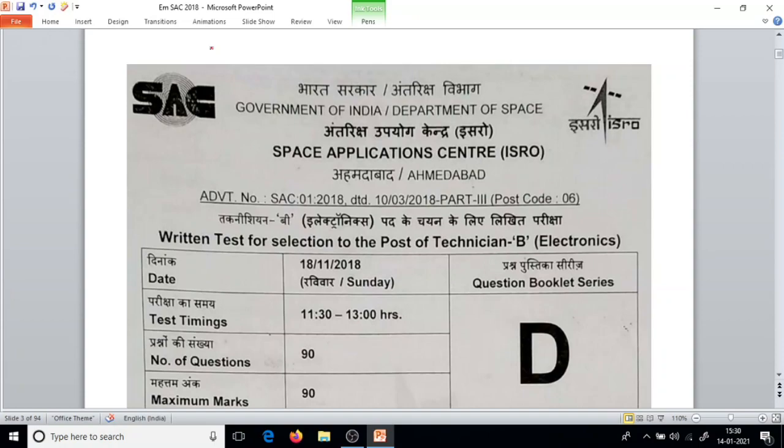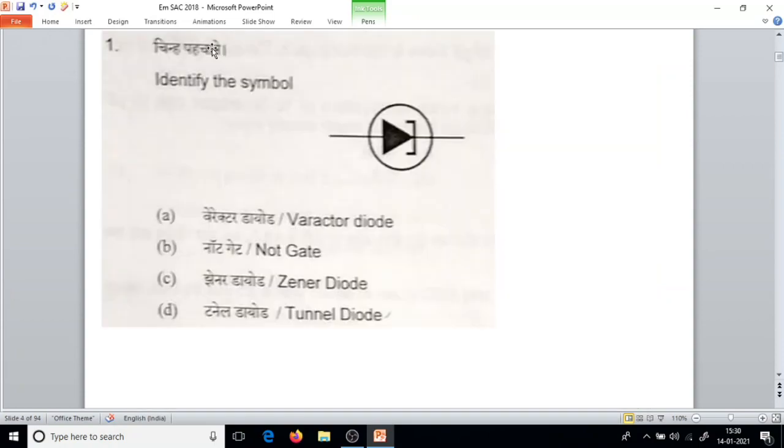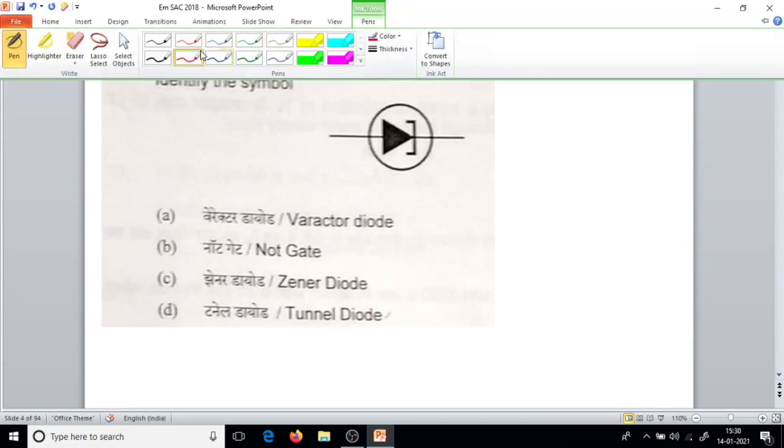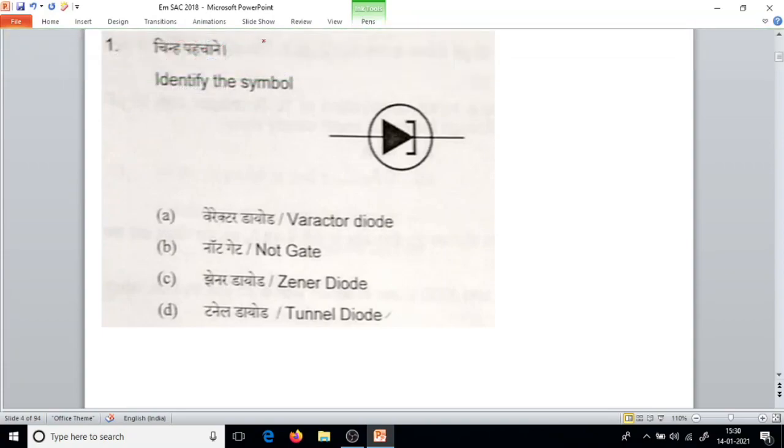So we'll see the questions. If you are into ISRO or any government exam based on diploma or ITI, like BARC, Railway, and many government organizations, these questions will be useful.